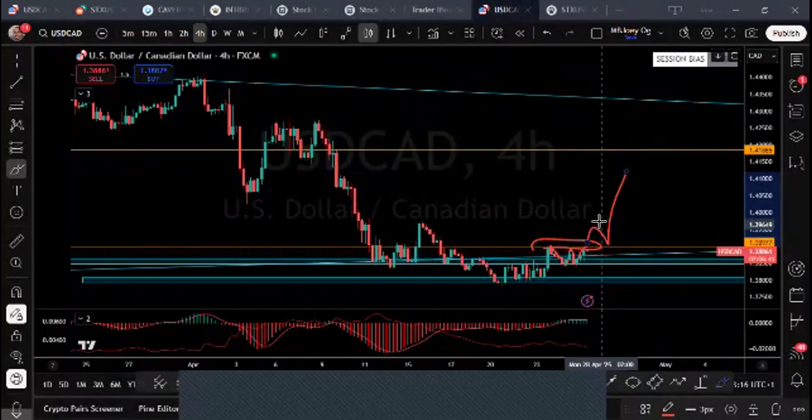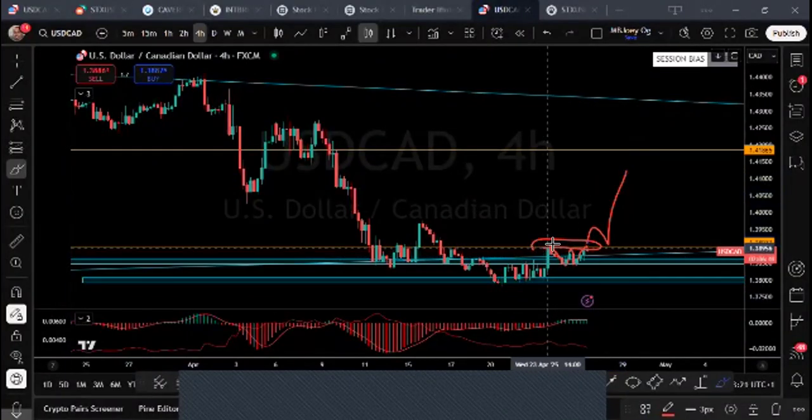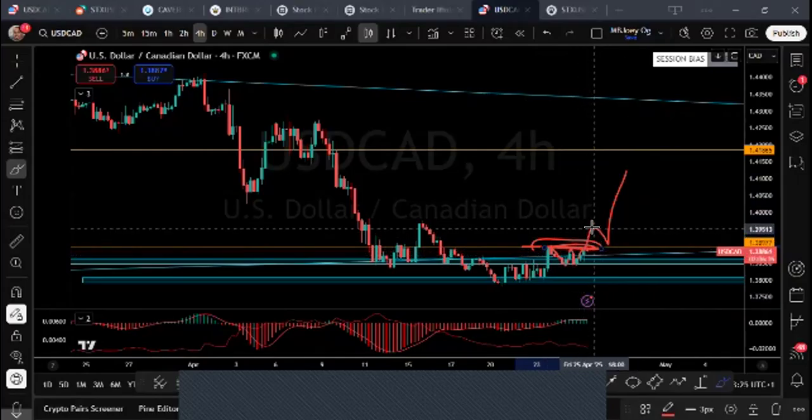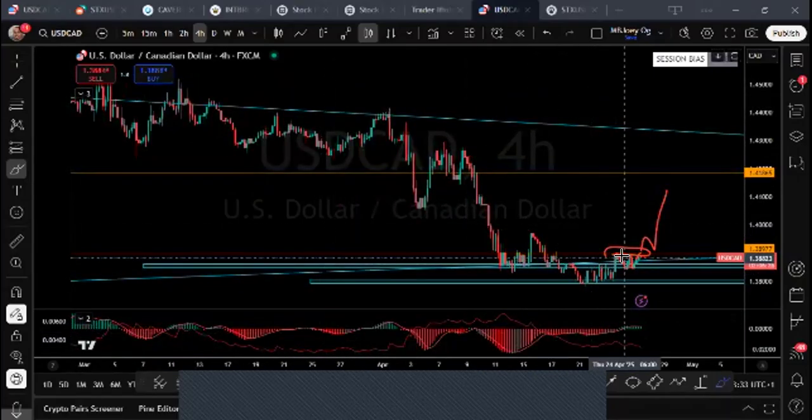So you see the logic here now. It's about if this will just break out above here, then we have a move. If it doesn't break out above it, we don't have a move. So this is how you plan your trade.